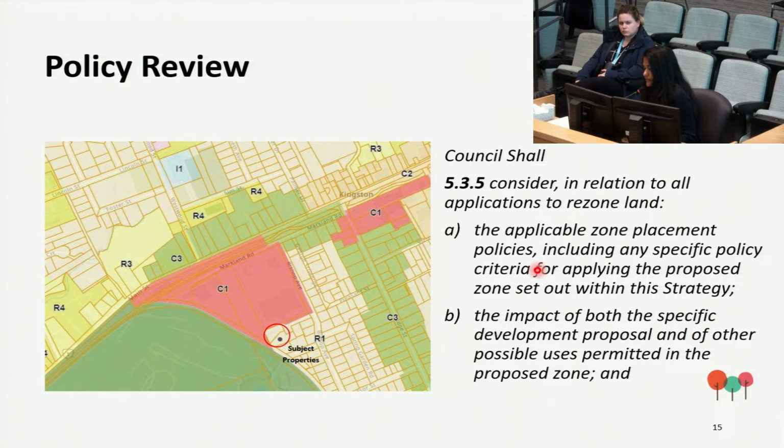Policy 5.3.5 applies to all rezoning applications, and the policy states, Council shall consider in relation to all applications to rezone land, criteria A, the applicable zone placement policies, including any specific policy criteria for applying the proposed zone set out within this strategy.